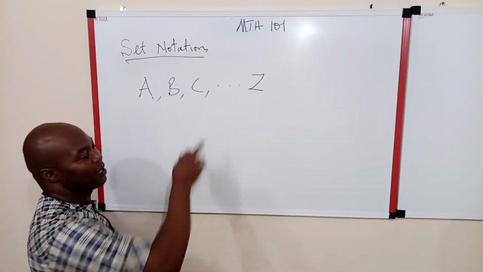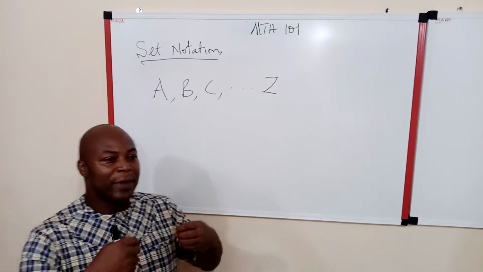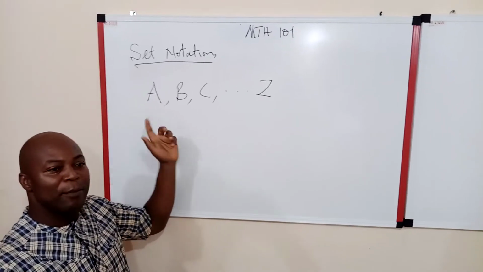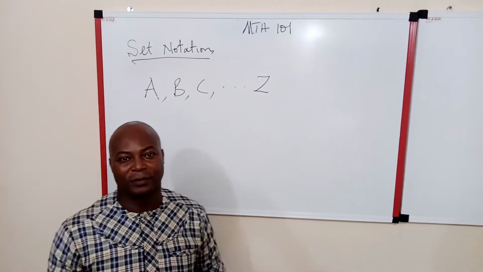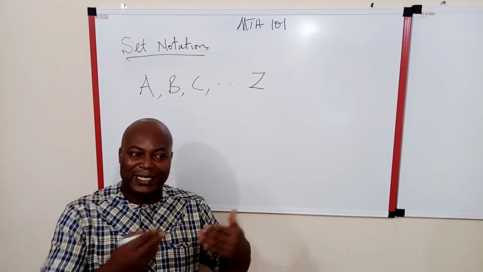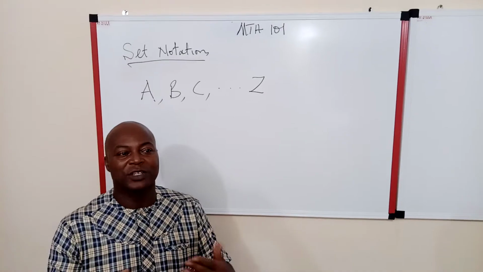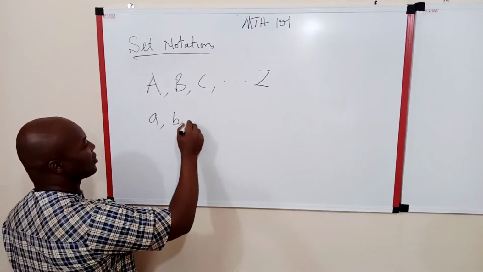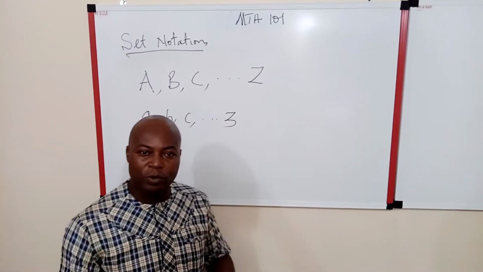So if you want to make reference to a particular set, we say let A, where the A must be capital, or B, be so collection. Whereas its elements, the members of that set, if they are alphabets, must be written in lowercase, such as a, b, c, so on to z.